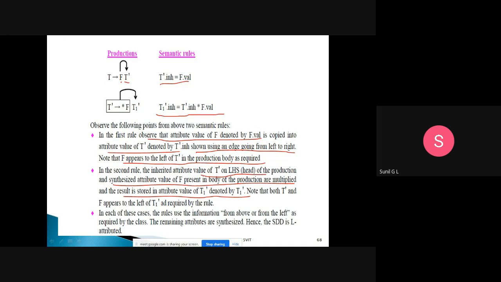This is the semantic rule we have. Note that both t' and F appear to the left of t1'. That is the second rule.